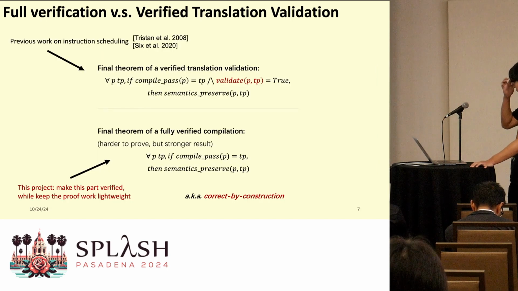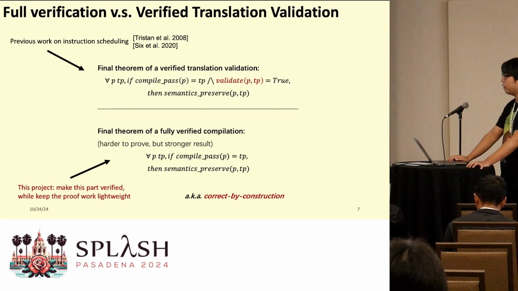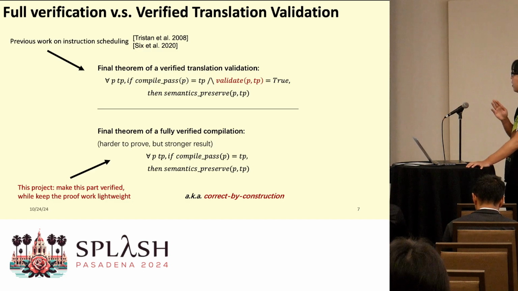This graph shows the differences in the final theorem we want to prove. The final theorem of the previous work has strong assumptions in that, during each compilation case, the input and output pass the validator check. But our goal is to just prove the algorithm is correct. So if the compiler generates a result, the result is already correct.